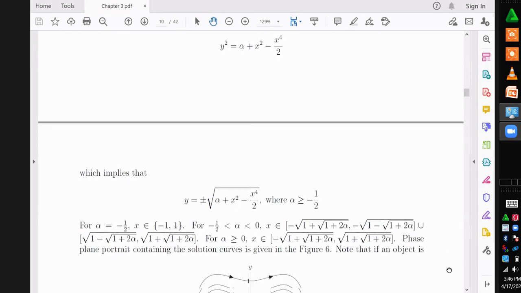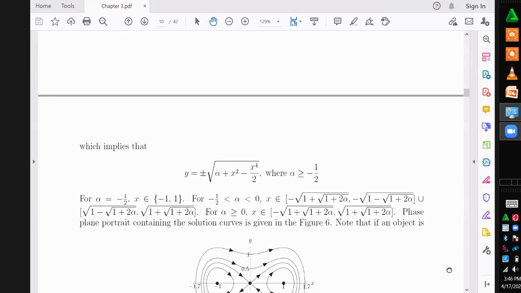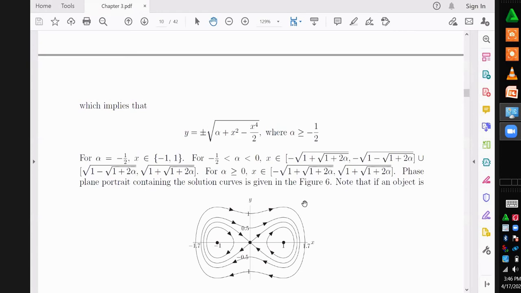So you can see the phase plane portrait of the given system of differential equations is this. For alpha equal to -1/2, x is just -1, or x is just 1.